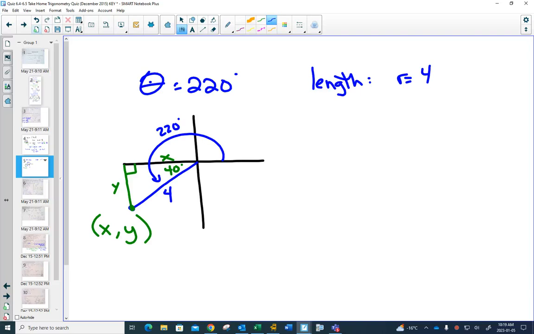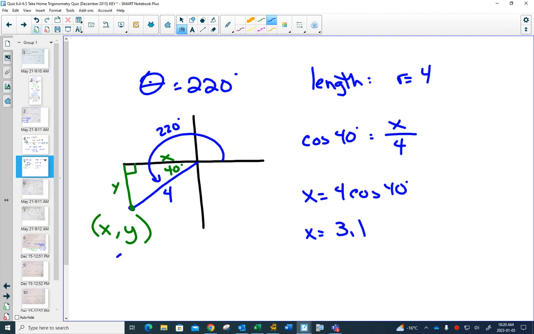And once I have that triangle with that reference angle, can you see that you could find x using cos? Cos of 40 degrees would be x, adjacent over hypotenuse. And I could get x by itself by multiplying both sides by 4. And so if I do 4 cos of 40, I get 3.1.